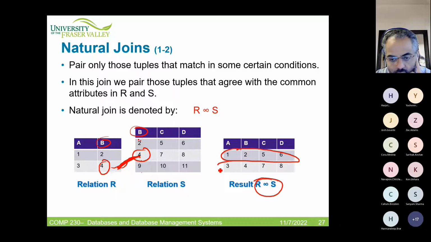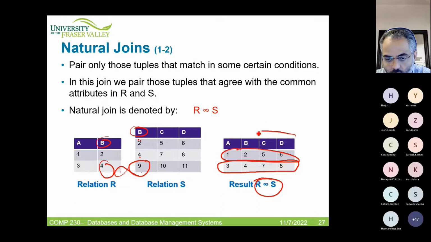So we will take it: 3, 4, 7, 8 in this case. We have here 4 and 9, so we are not going to take it because we don't have a common value. So this will be the only output in this case.